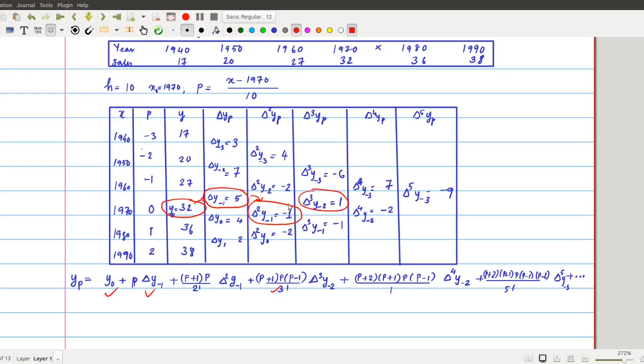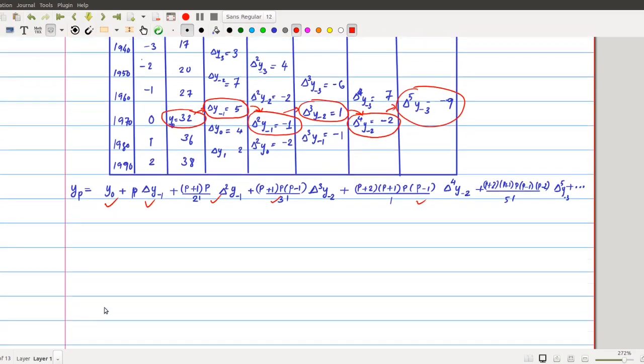So we have this number here, delta square y minus 1 here, and then next time will be delta cube y minus 2, and then after going to this, we come to this number, and that is written here, delta raised to 4y minus 2, and finally we have this delta raised to 5y minus 3. So these are the values. So this is the way we choose the values to evaluate this formula.